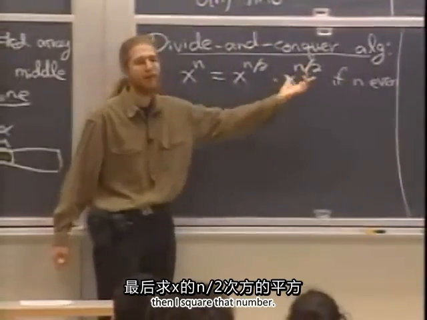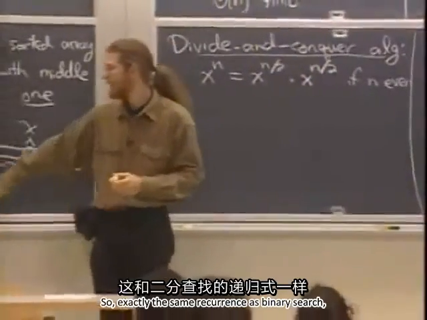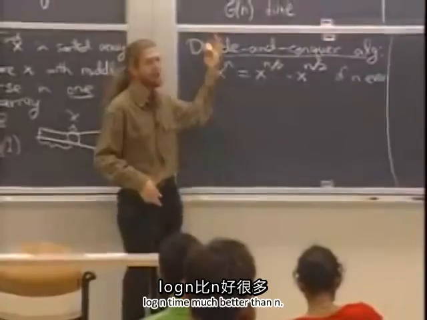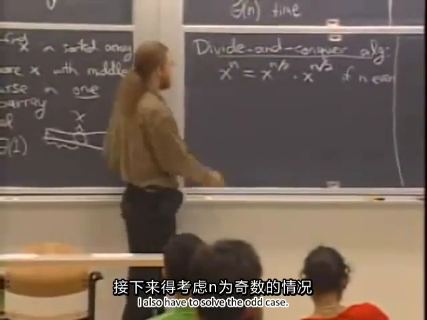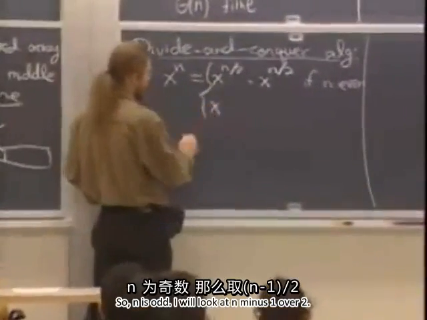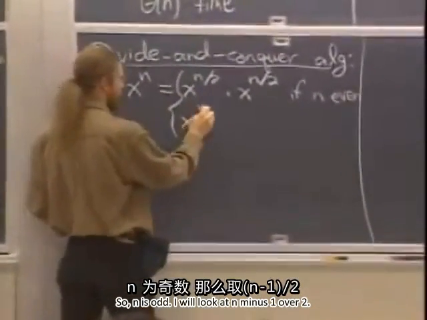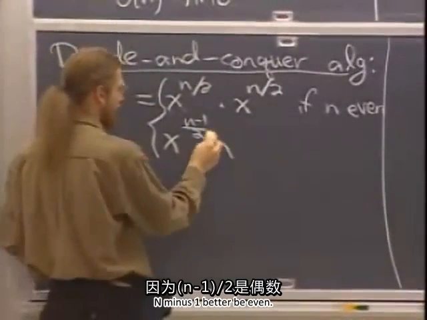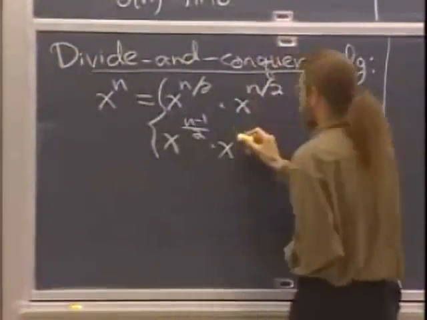Then I square that number, and that's one computation. So exactly the same recurrence as binary search, log n time, much better than n. Cool. Okay, I also have to solve the odd case. So n is odd. I'll look at n minus 1 over 2. That's n minus 1, which had better be even.